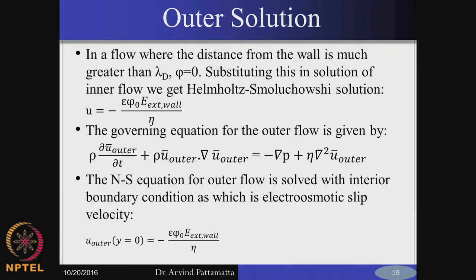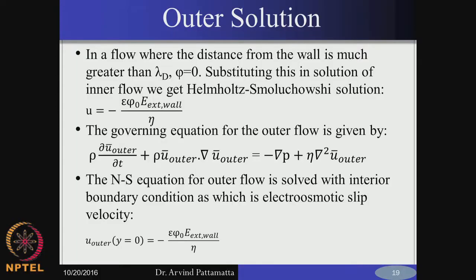So for the outer flow, if you have acceleration or a pressure gradient, you can include all of this and solve it with the slip boundary conditions. You do not have to ignore delta p, because this is still a channel flow, so delta p will be there.